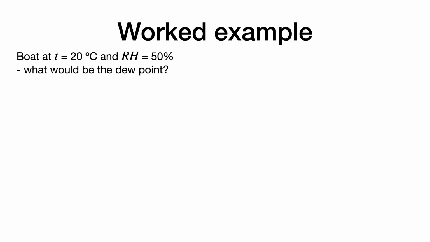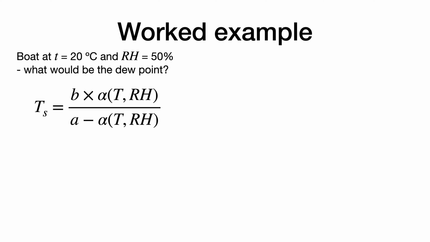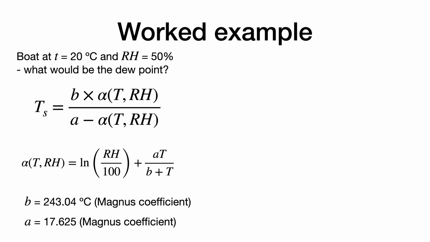So let's have a look at a worked example. So the boat is at 20 degrees centigrade and relative humidity of 50%. What would be the dew point? Well, this is our equation, and the first thing we need to do is solve for that alpha T comma RH bit. So we just plug in the relative values into this, remembering that we've got these Magnus coefficients to go into it as well. So when we do that, this is our equation.